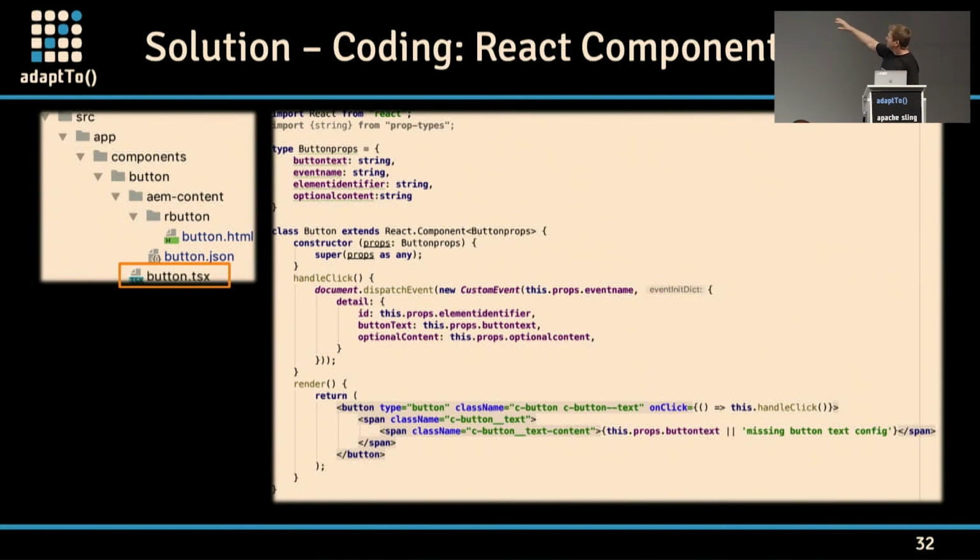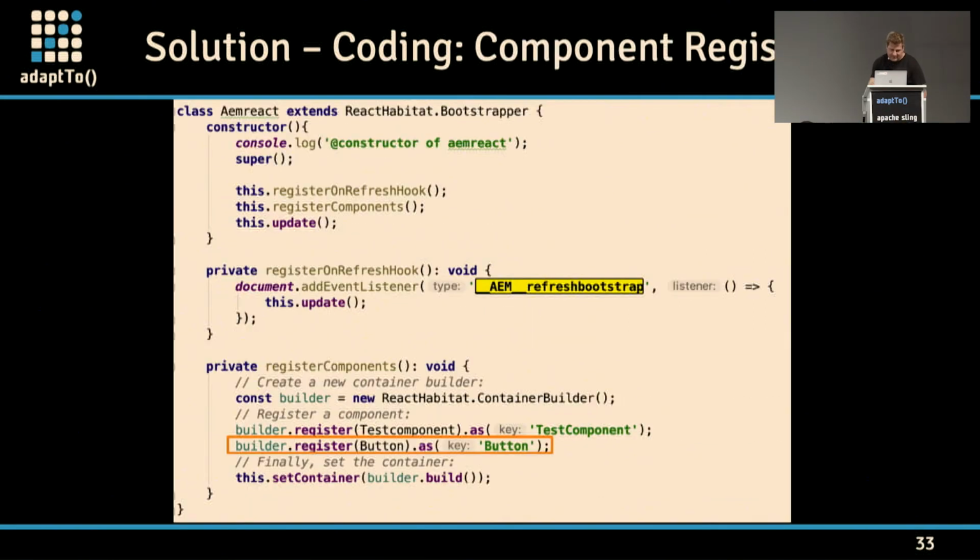registers, and actually the magic to get that working is done in a file which is in between. And this is in here. It's actually the React application itself, and you can see the register component part at the bottom. That's part of this React habitat, and the React habitat just registers a React component to a key, and the key is the name of the data element we've seen.